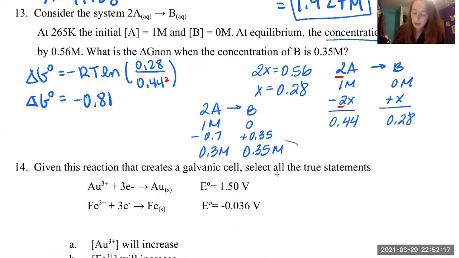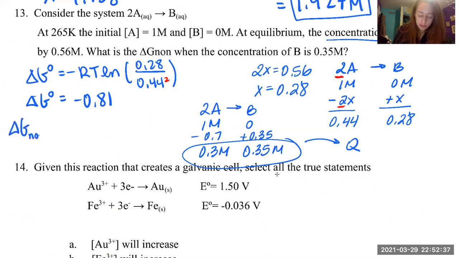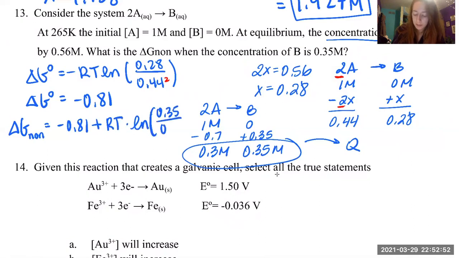We can add these into Q. This will help us find Q, which is the relationship not at equilibrium. So let's write this down here. Delta G non-standard equals negative 0.81 plus RT times ln of Q. And this time Q is going to be 0.35 divided by 0.3 squared.